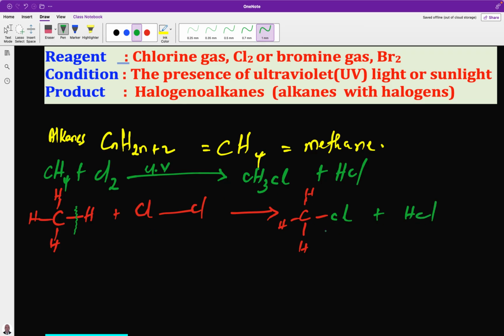Step number 2, this chloromethane reacts again with a molecule of chlorine.